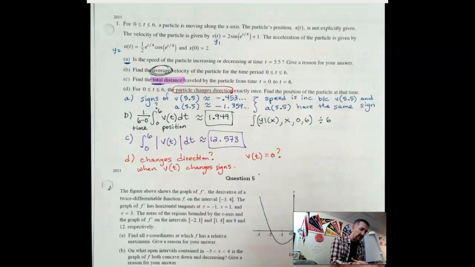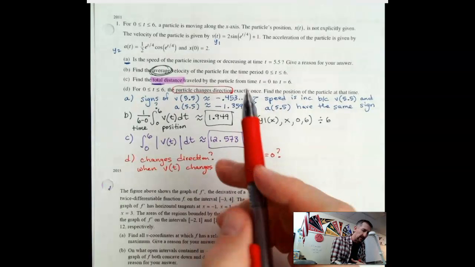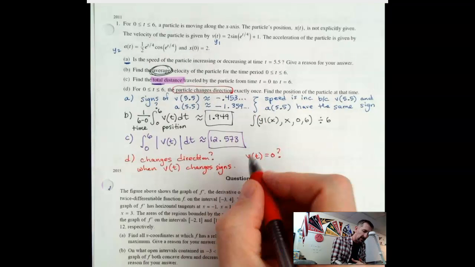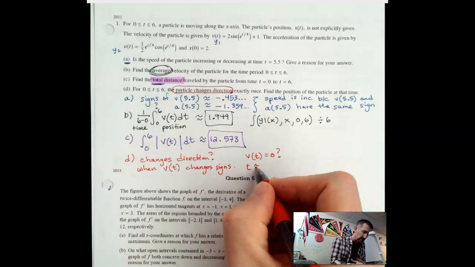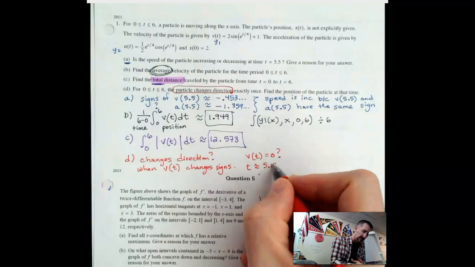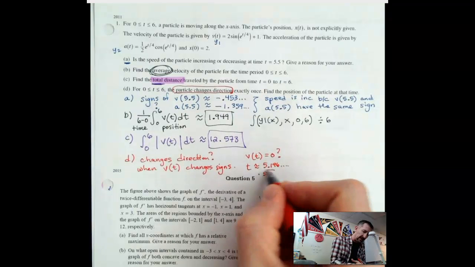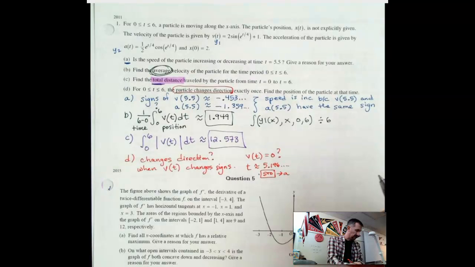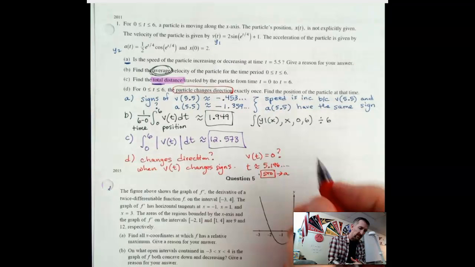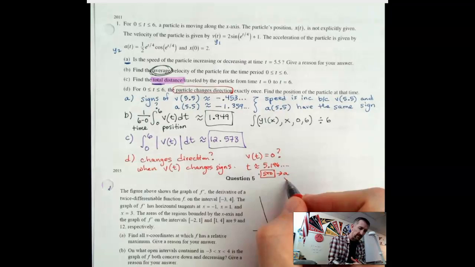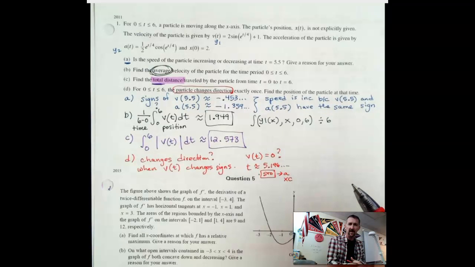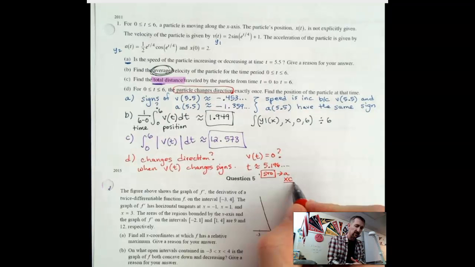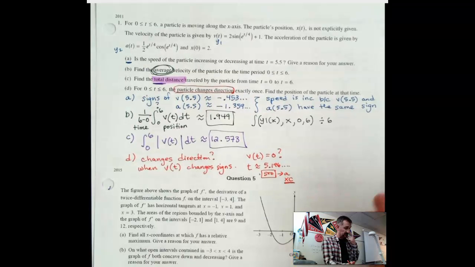So we can do that on the calculator. We can look at y1 and see when y1 equals 0. And if we do that, we see that it is at 5.196. And we're going to store that into A. Actually, it's already stored in XC if you found it. If you found the 0 on the graph, it automatically stores it in XC, so you don't have to restore it in A if you don't want to.